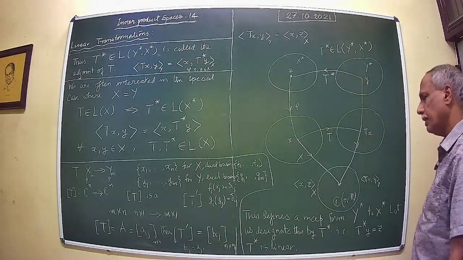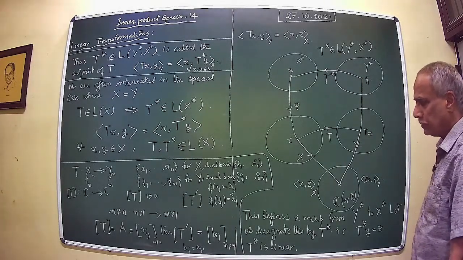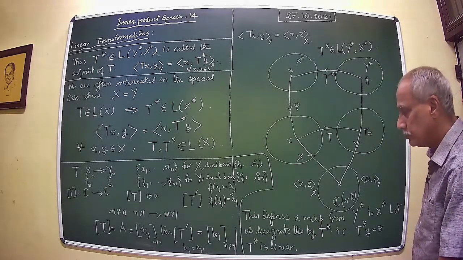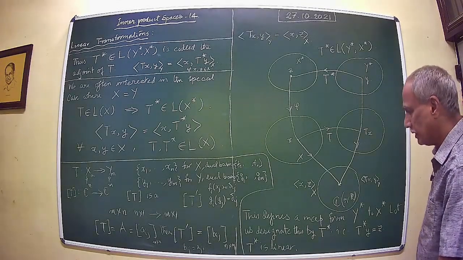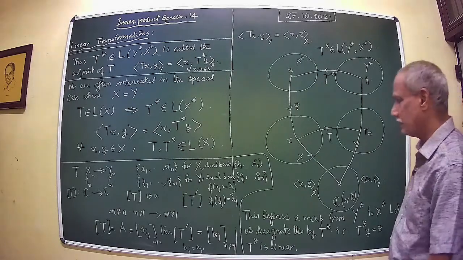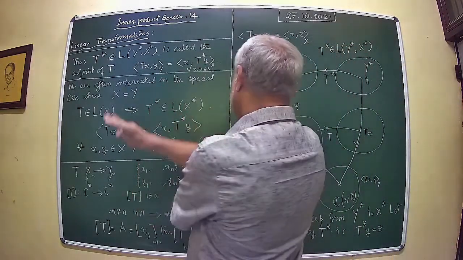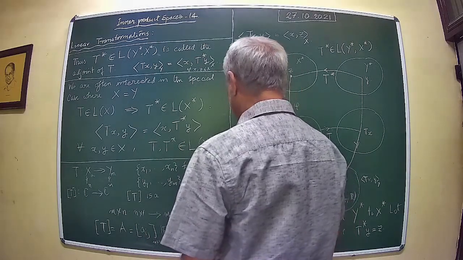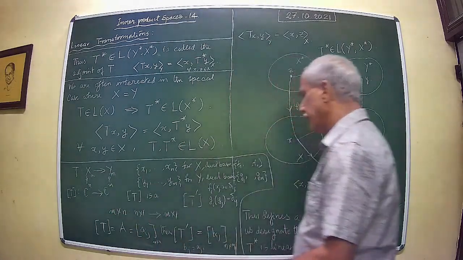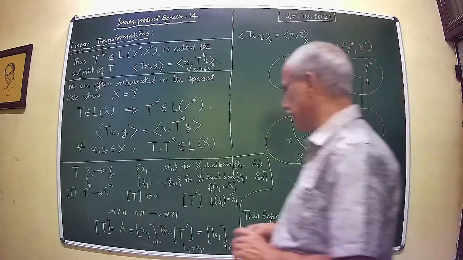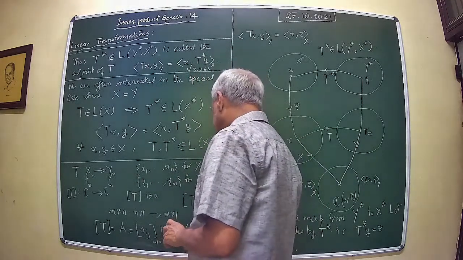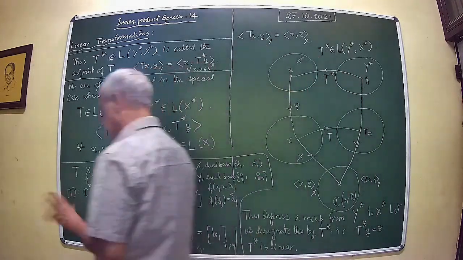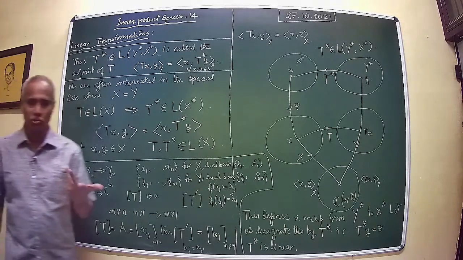So you are talking about the representation in terms of the dual basis for T prime, that is given by the matrix Bij, because it's a map from y prime to x prime. So you have a basis for y prime, you have a basis for x prime, and with respect to that the representation is given by the matrix Bij, where Bij is equal to Aji. Or in other words, the interchange of columns and rows takes place here.